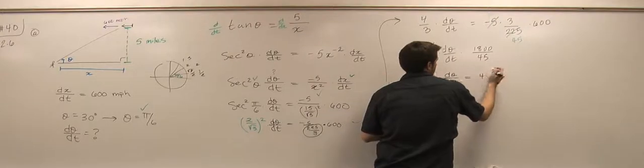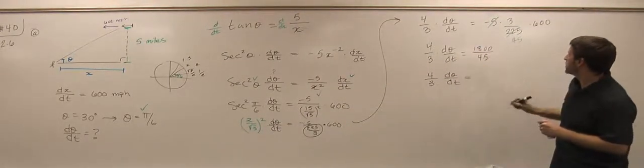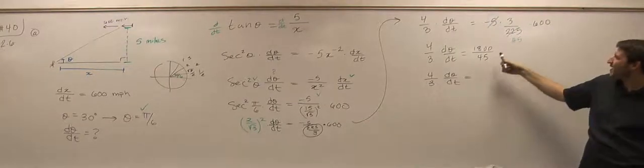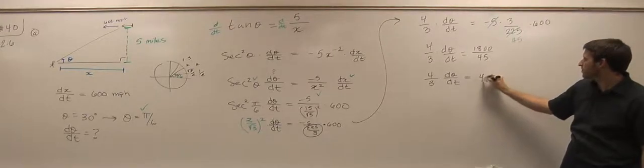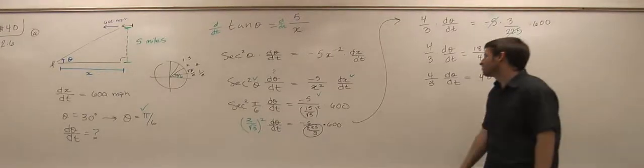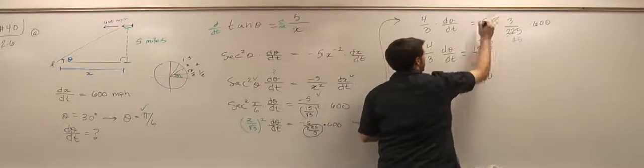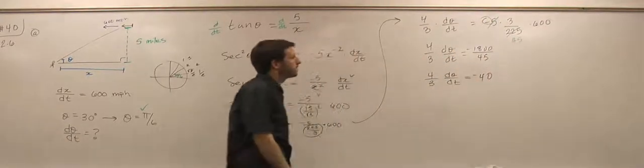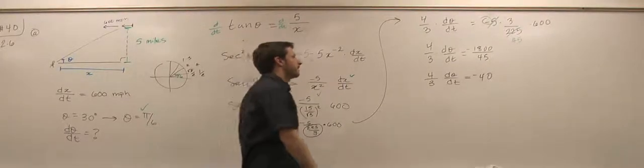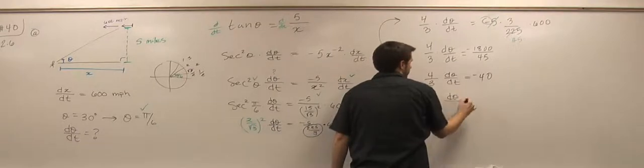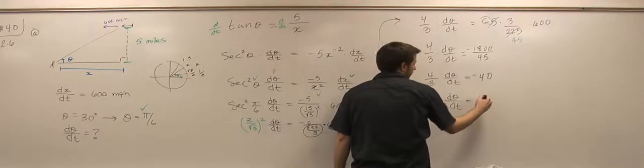Oh, what happened to my equal sign? My bad. So then I have to do this. What is this? 40. It's negative though, right? Yeah, I had a negative here. Multiply up by 3 divided by 4.